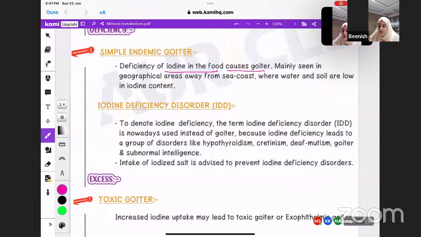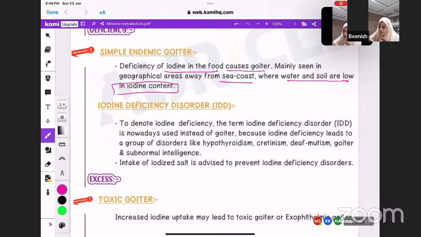We already know the most important is maintaining the basal metabolic rate of the body. It is mainly seen in geographical areas where the sea coast, water and soil are low in iodine content. So in that area, you need to have iodine in the food in order to prevent endemic goiters.